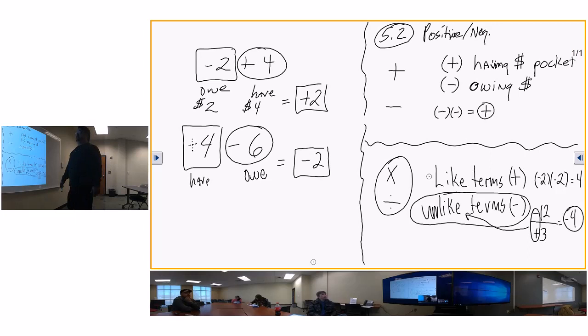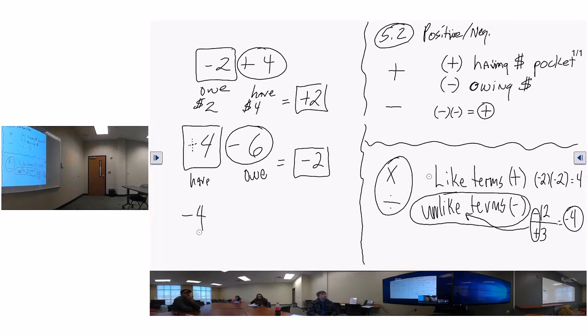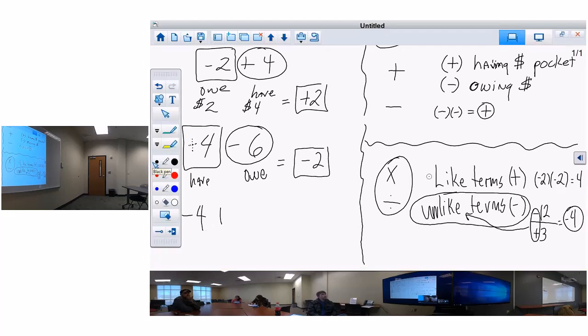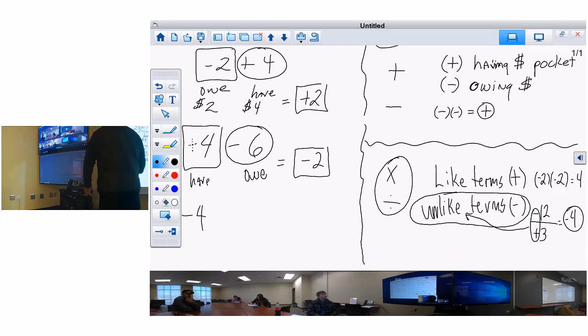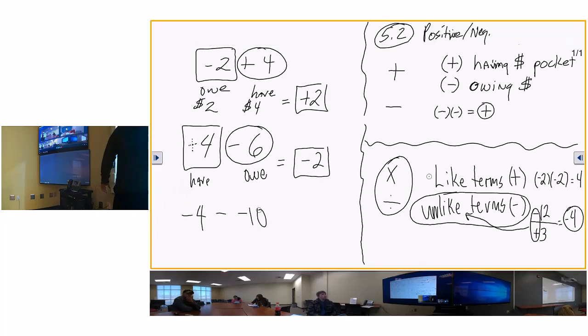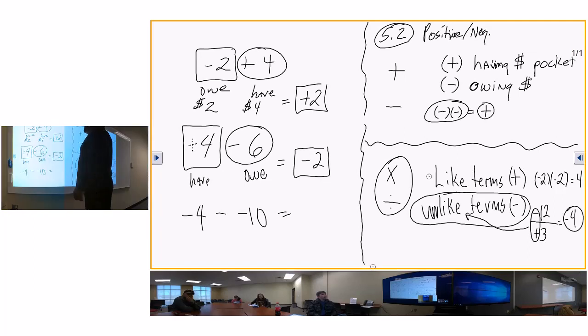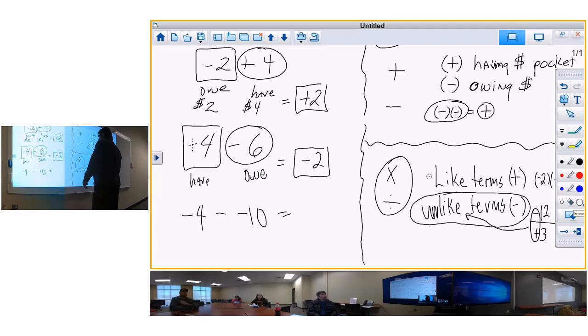What if you have negative 4 minus a negative 10? Well, you have the rule right here. You got 2 negatives together. That just turns those 2 negatives into positives.